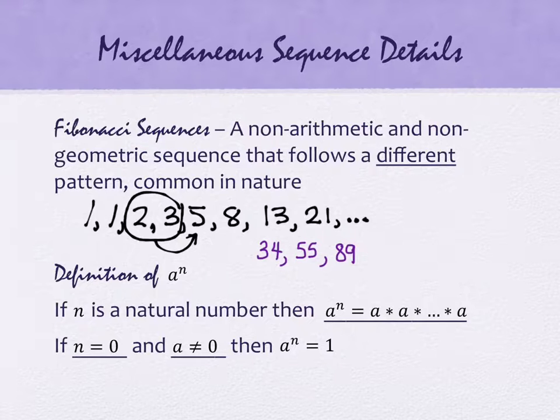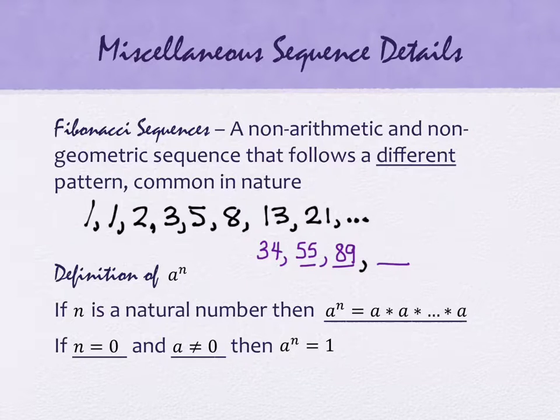And then 3 plus 5 would give me 8. So just for the sake of saying we know what we're doing now, what would I have to do to get the number that comes after 89? I'd have to add 55 and 89 together to get the next term. Okay, so that's a Fibonacci sequence. It's not arithmetic. It does include addition, but it's not just adding a constant number every time.